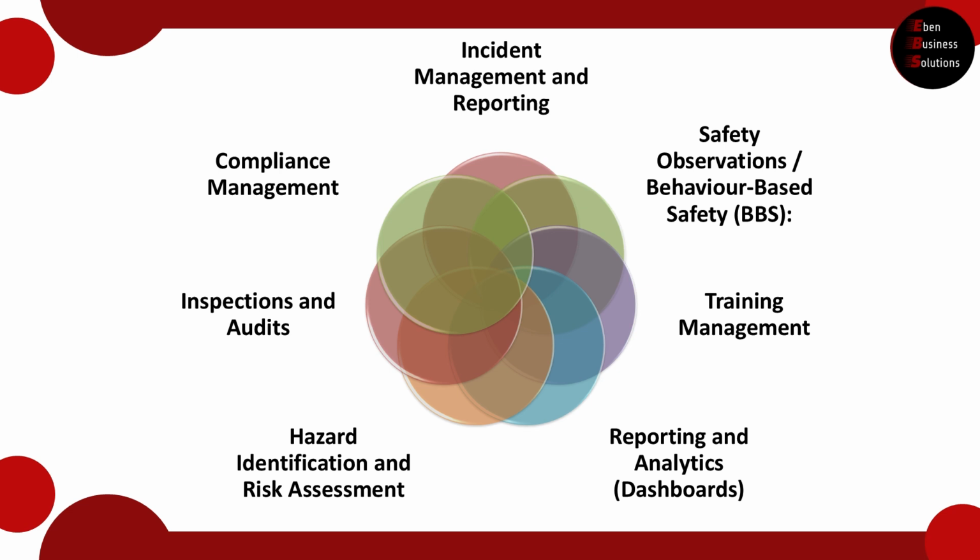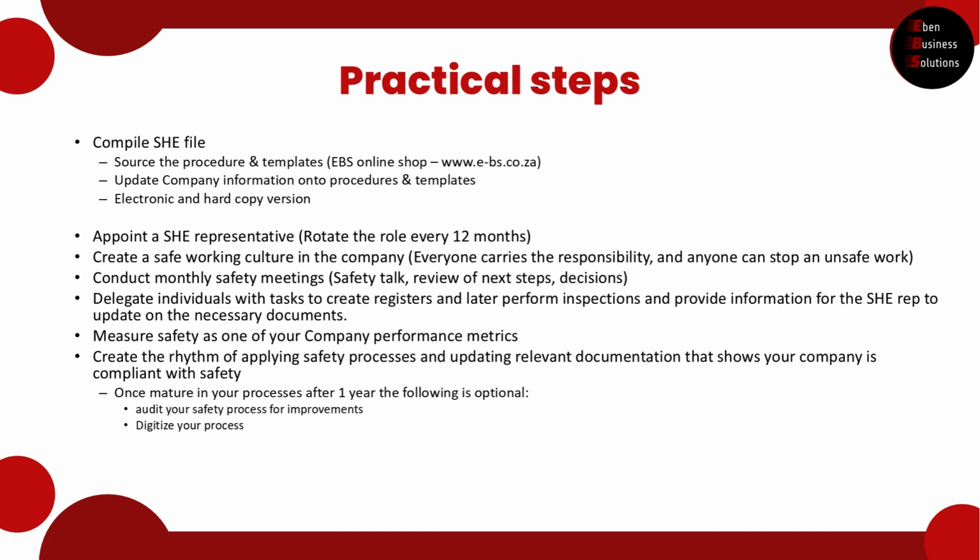Compliance management is to ensure the organization adheres to relevant safety laws, regulations, and standards. Then there's training management to track employee training, certifications, and competencies. And there's always going to be reporting and analytics through dashboards to visualize safety data, identify trends, and generate insights for decision making.